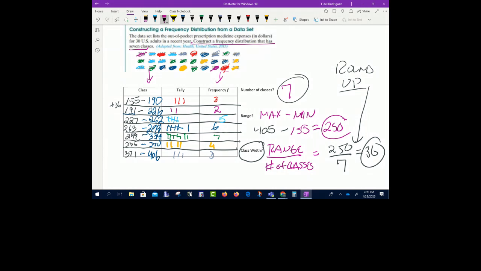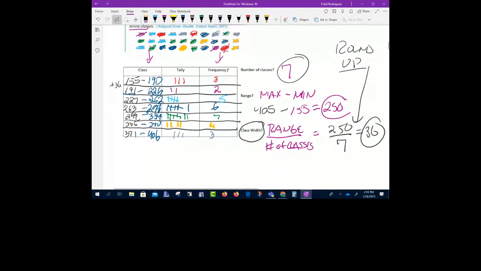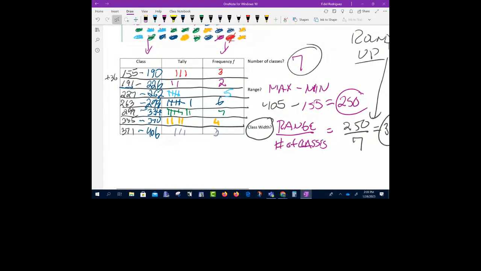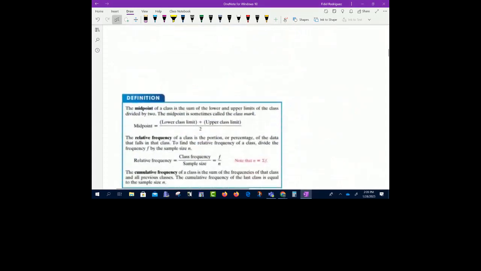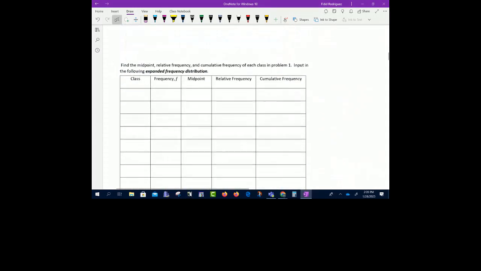So, y'all, if somebody can do me a big favor, if you look at this part on your paper, can anybody who wants to be a volunteer tell me what the first class was? It was like 155 to something. Anybody remember? It was like 155 to 190.